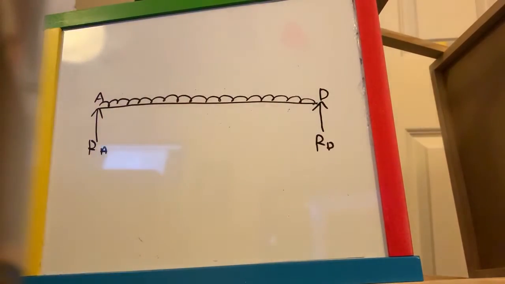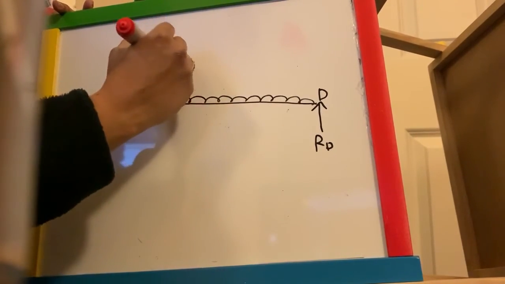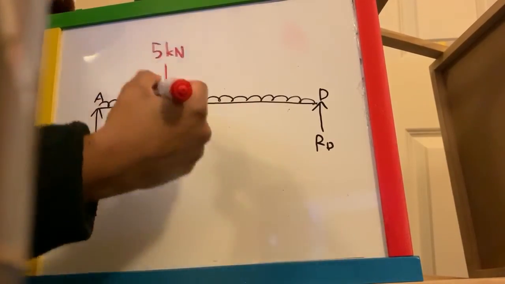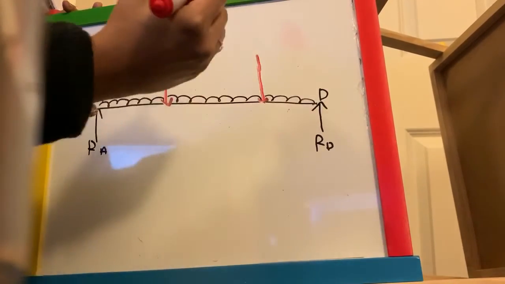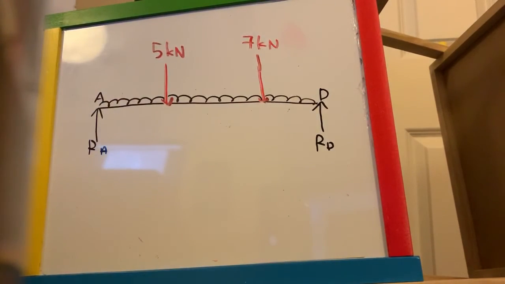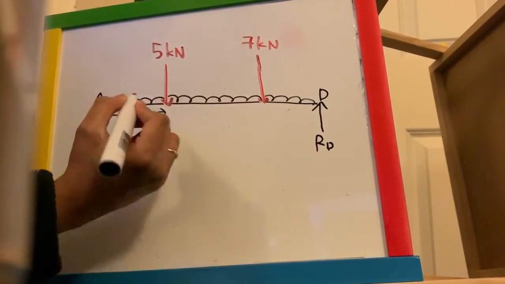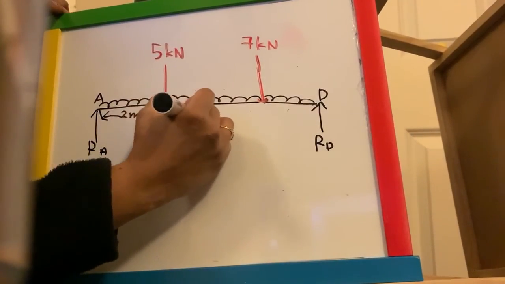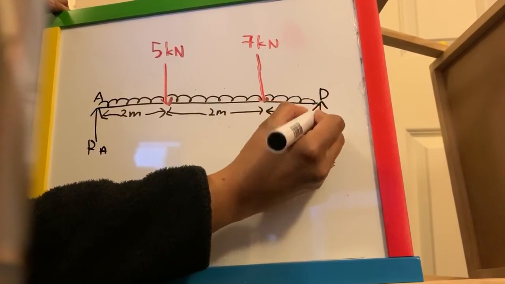On top of that, you also have a point load of 5 kilonewtons there, and a point load of 7 kilonewtons there. And we have certain distances that we need to take into account. Here we have 2 meters, another 2 meters here, another 1 meter there.